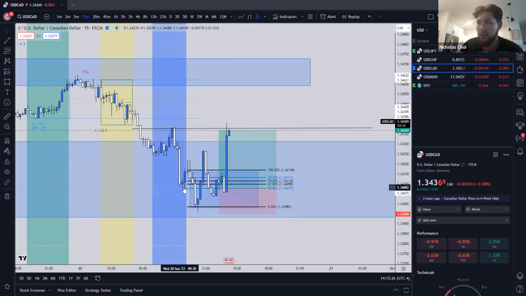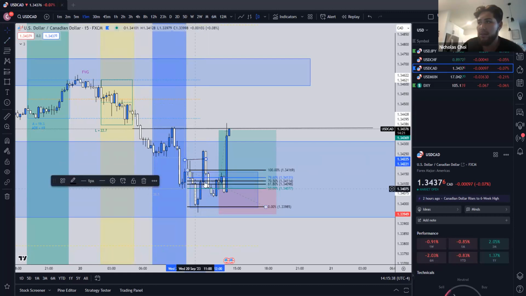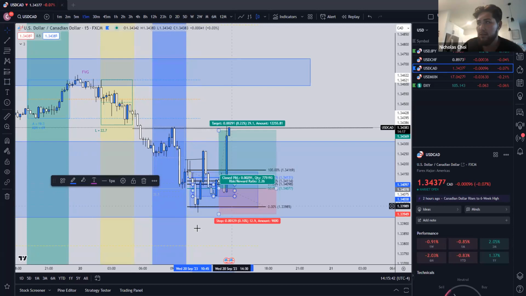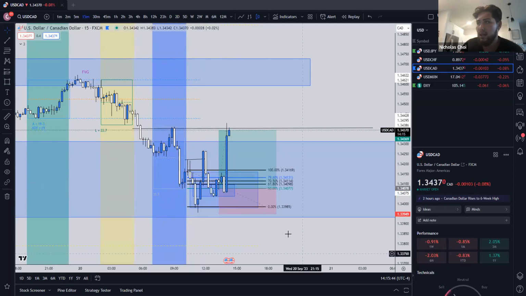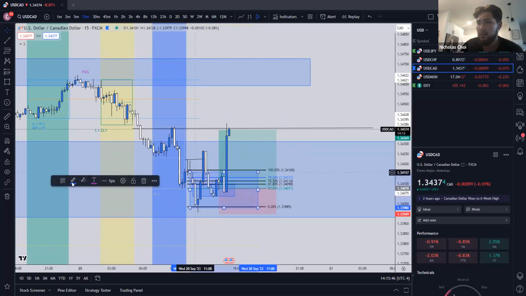You have a key low, and we're in a weekly fair value gap, so a higher time frame zone. This move sweeps the low, and then the next move takes the high, which creates an imbalance too for added confluence. And I'll clean this up.